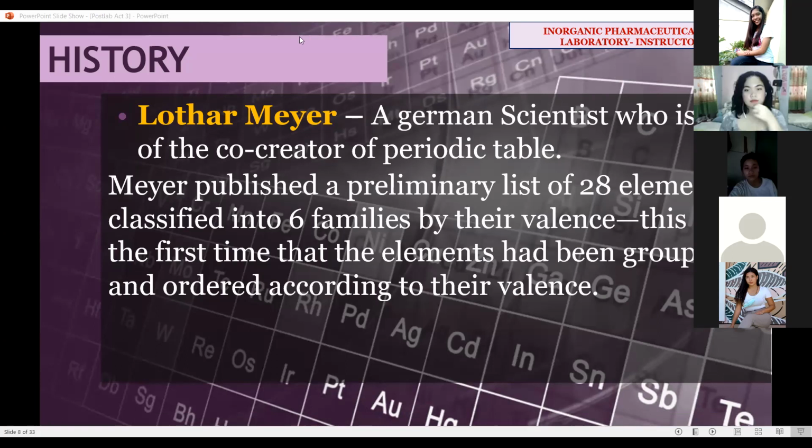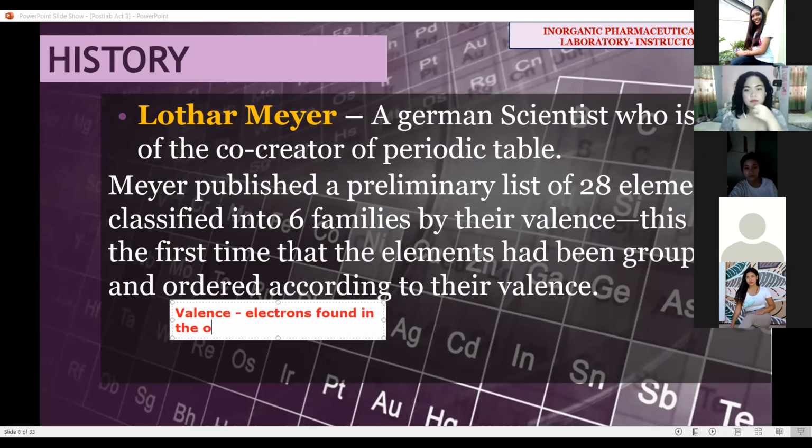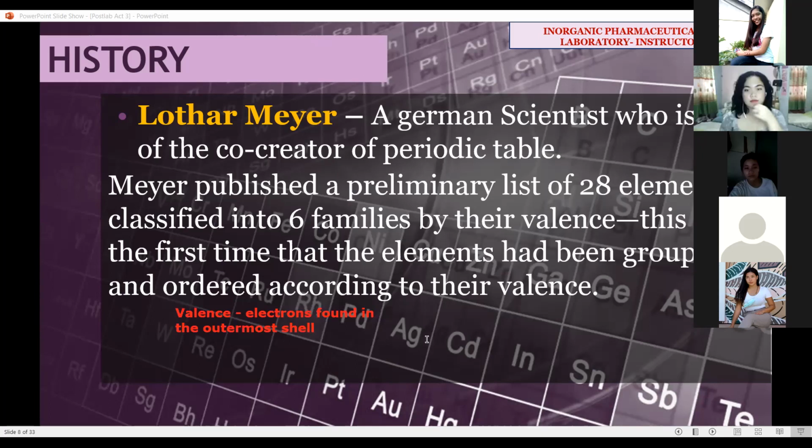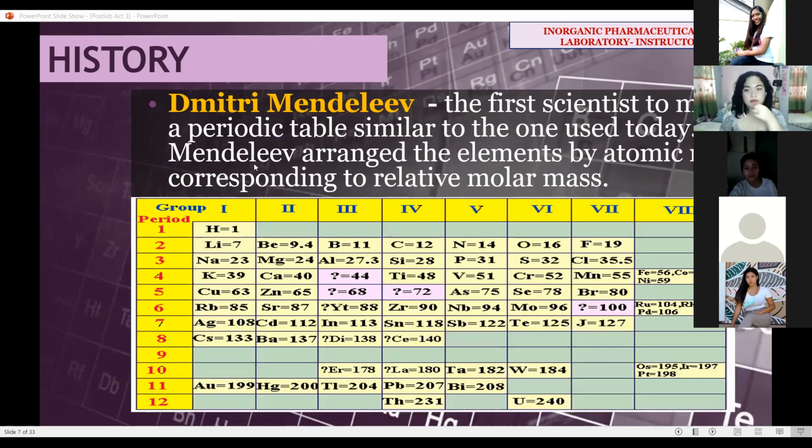When you hear the word valence, class, do not forget that we are talking about the electrons found in the outermost shell. So the number of electrons in the last energy shell is the valence. But again, Lothar Meyer and Dmitri Mendeleev did the same work.